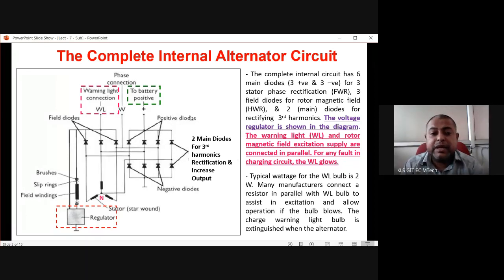So these are the two main diodes for third harmonic rectification, and it increases output by 15%. So this is a four-arm rectifier, which is mainly rectifying the stator voltages and neutral voltages, and this is given to the battery.